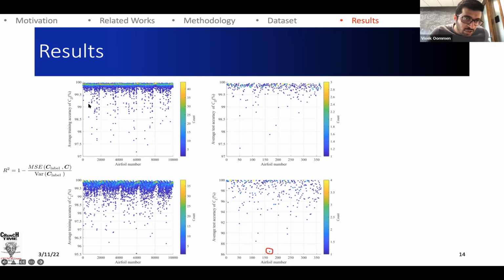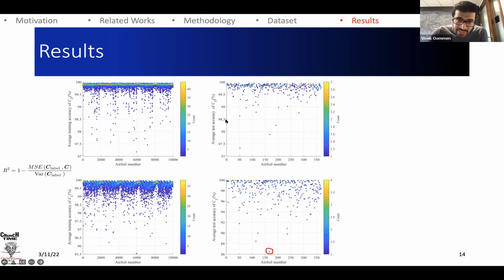On train data, the coefficient of drag is predicted with good accuracy, with the minimum accuracy being just around 97.2. Similarly for the coefficient of lift, on the training data set, they have good results between 95.5 and 100% accuracy. This R square is the accuracy.